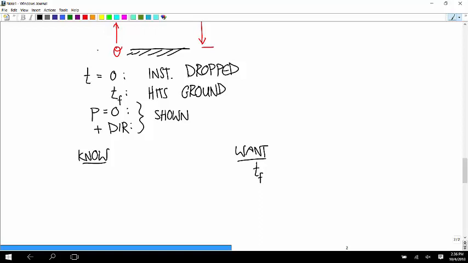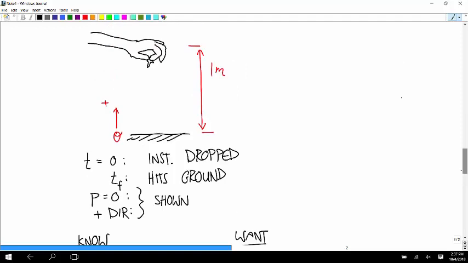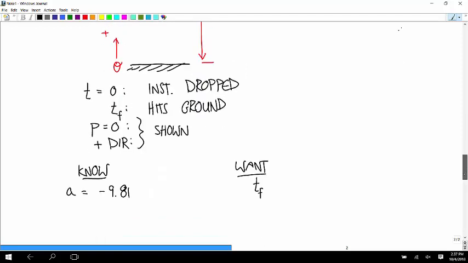Yeah, that's 9.81 down. So since up is positive, a is negative 9.81. I'm going to leave out the units in this calculation. Do we know the initial position? Do we know the position of the bullet at time equals 0? Yeah, it's 1 meter in the positive direction from 0, so that's positive 1.